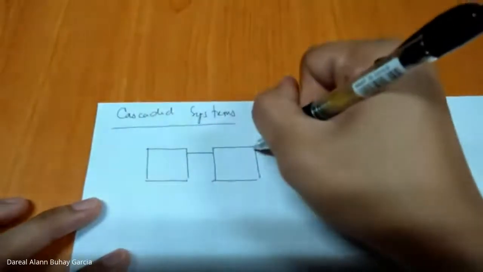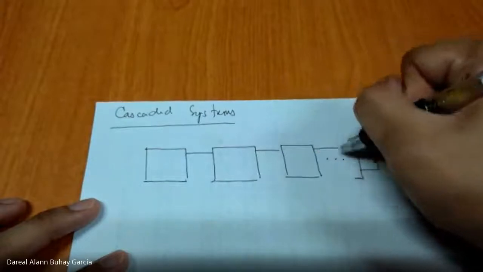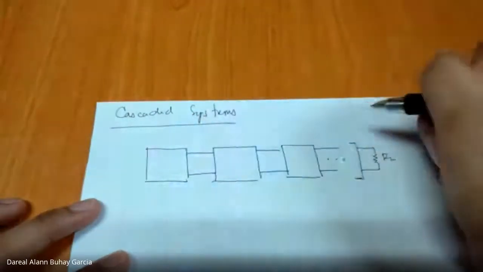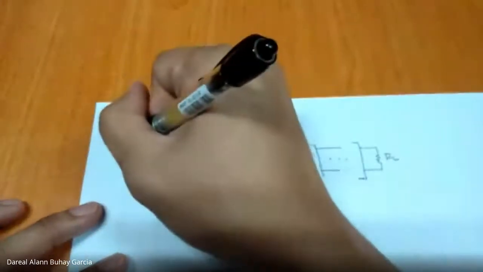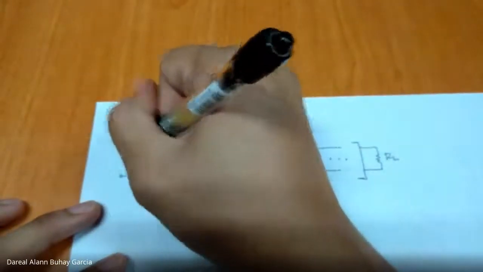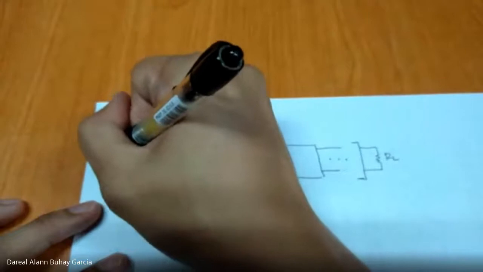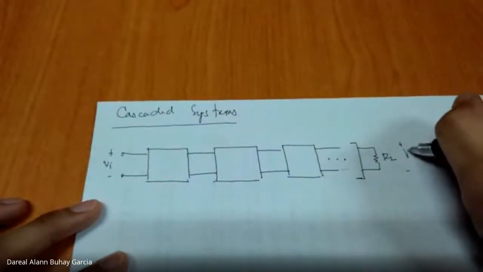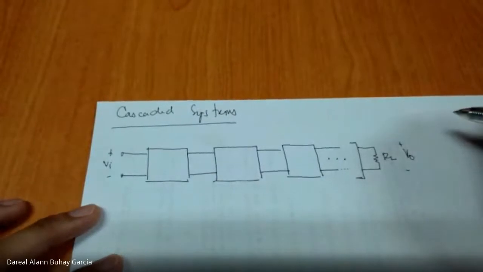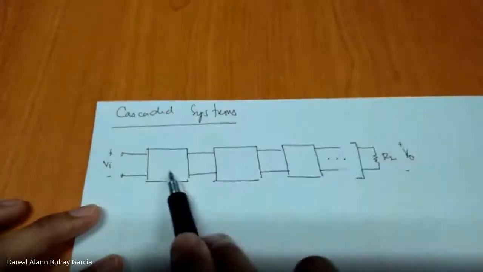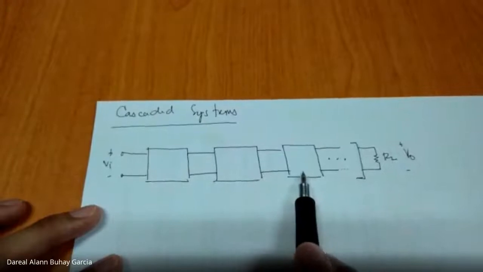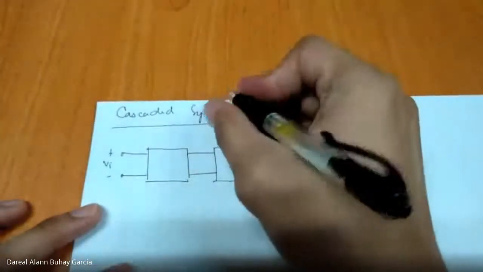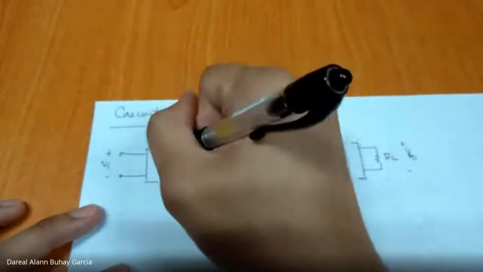So these are connected with each other. Each of these systems, or in this case amplifiers, has its own gain.